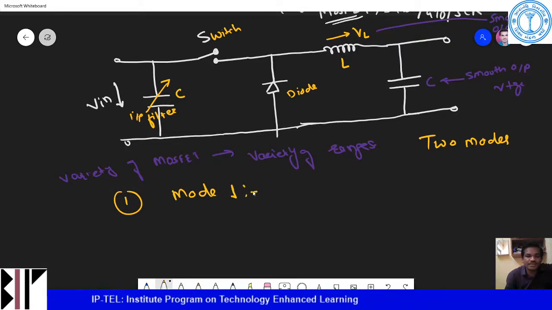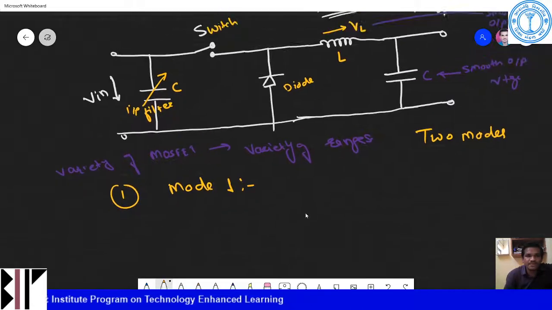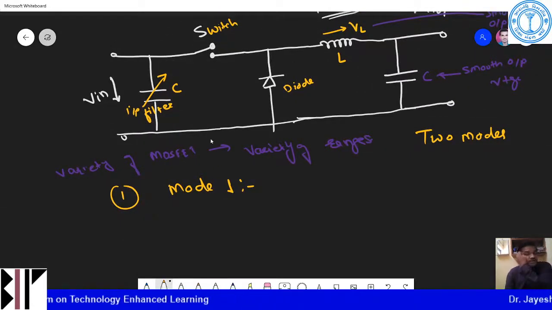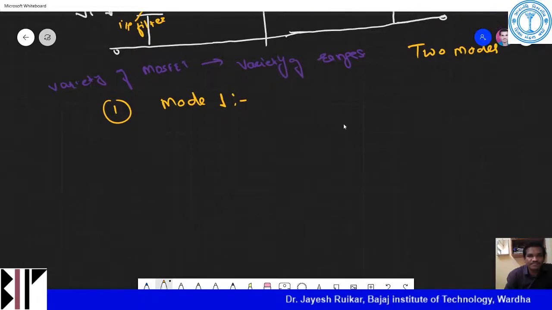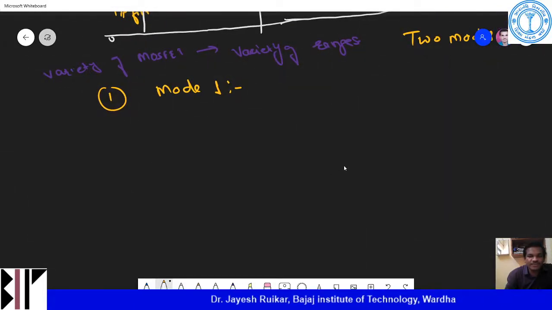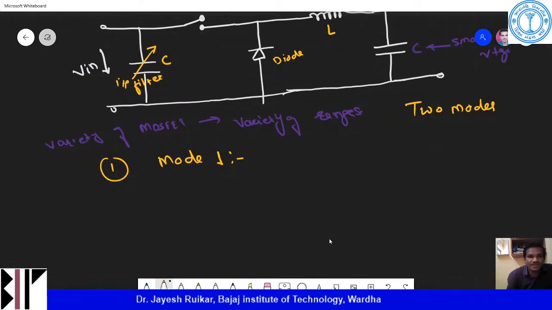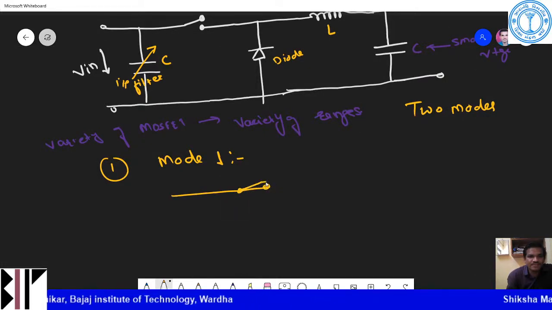In mode one, let us see how the current is flowing. In mode one, your switch will be on. I will redraw this, where the MOSFET has been closed.